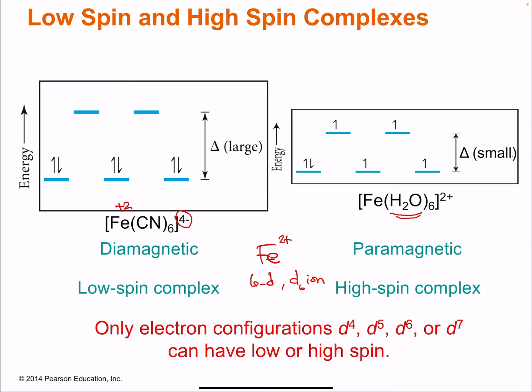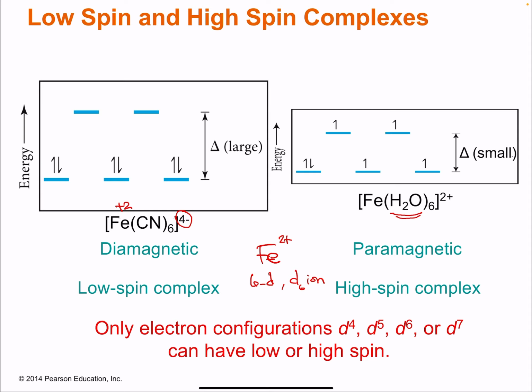This is sort of like filling all the d orbitals as if all of the orbitals were at the same energy, because in this case the splitting is small and the pairing energy is higher than the splitting energy. So the electrons don't pair unless all the orbitals have been filled singly, and then you come back and start pairing.